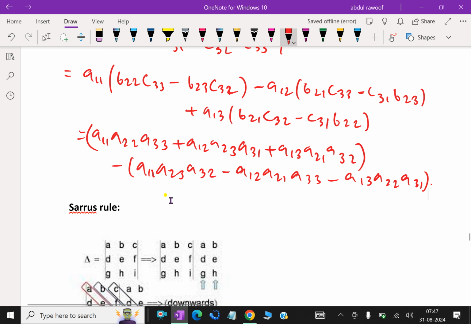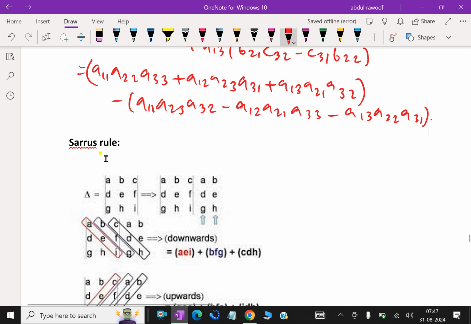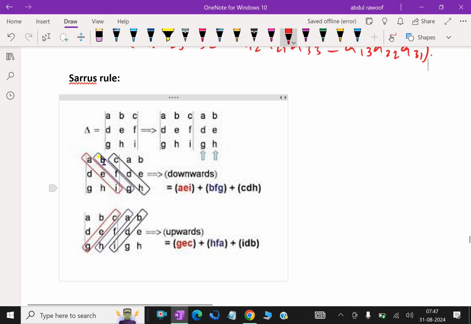But we can do it with Sarrus's rule of determinants very easily. Look at here. Suppose determinant A is A, B, C, D, E, F, G, H, I, like this.